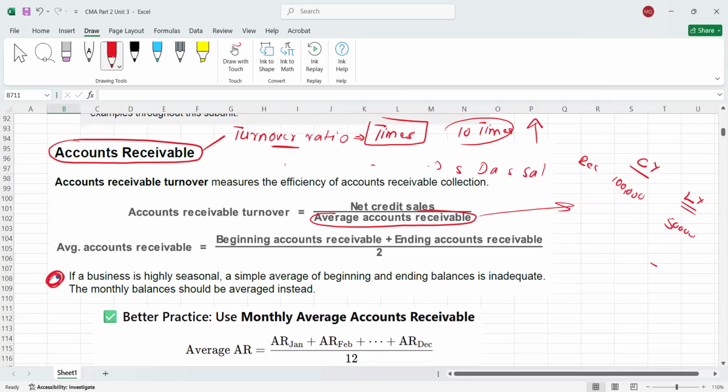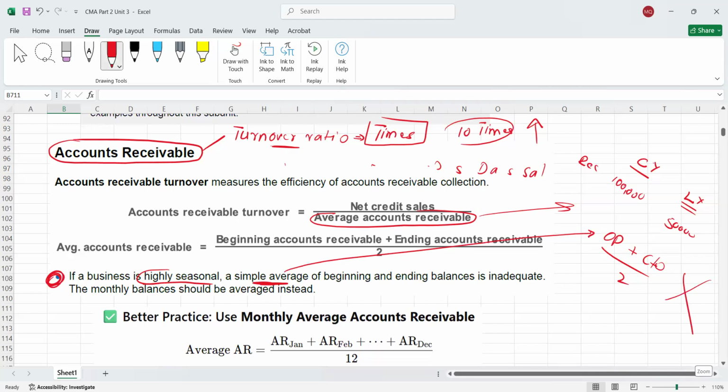It says if a business is highly seasonal, meaning maybe in January, February more business, then March, April less, then May, June more, like that, then the simple average, opening receivables plus closing receivables divided by 2, is not appropriate.